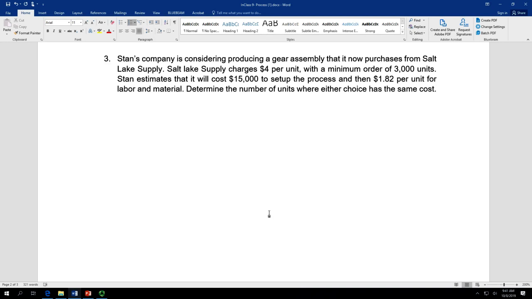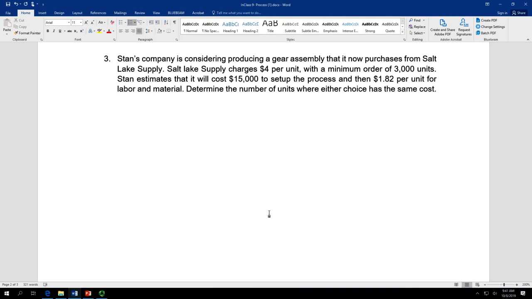Stan estimates it will cost 15,000 to set up the process, and then $1.82 per unit for labor and material. Try to determine the number of units at which either choice has the same cost.